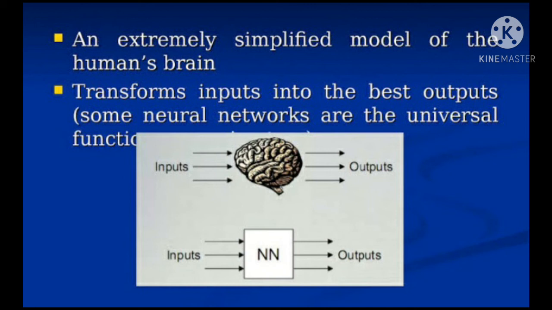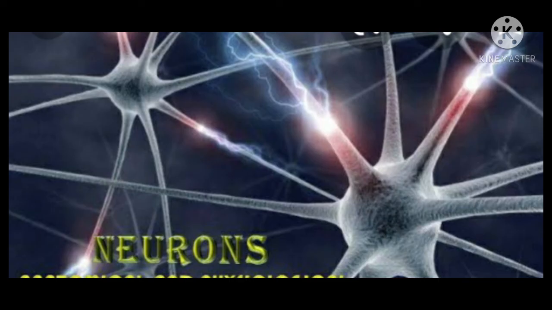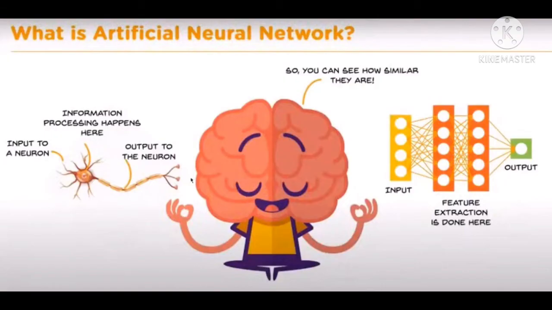Our human brain is made up of billions of interconnected neurons. So like that, we are creating an artificial neural network which works like our human brain. So these types of artificially created networks can be used to learn, recognize and make human-like decisions.